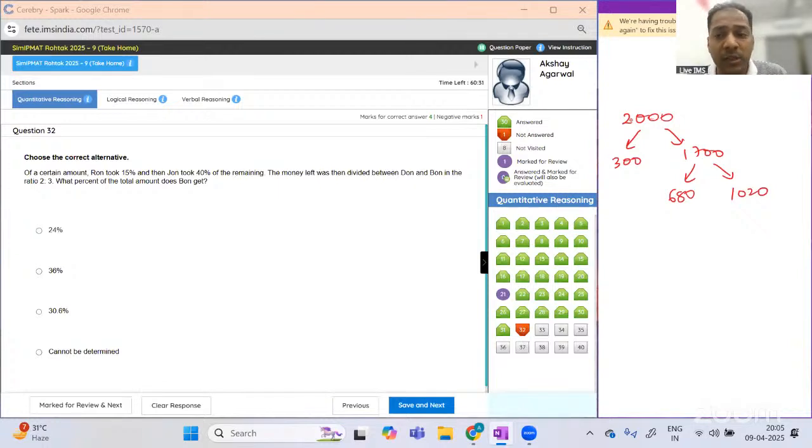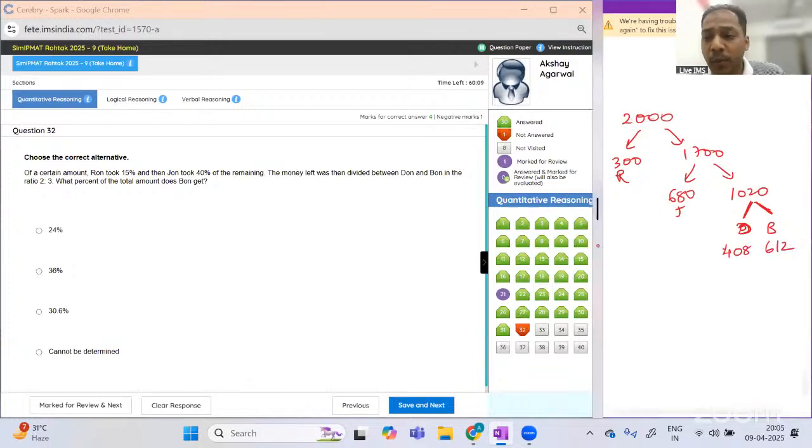This was divided into Don and Bon in the ratio 2:3. So 1020 divided by 5 parts, 204. So 204, 408, 612. What percent of the total amount does Bon get? 612 out of 2000, that's 306 out of 1000, 30.6%.